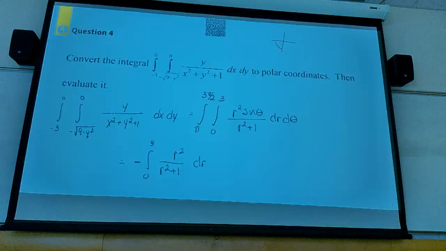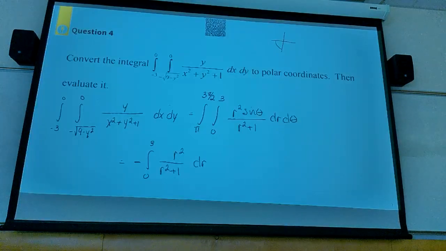Is this interesting? Because you have an r squared in the numerator. 1 over r squared plus 1, yes, is inverse tangent. But you have an r squared there. Can we divide everything by this way? You could, but that's going to leave you with a complex fraction.